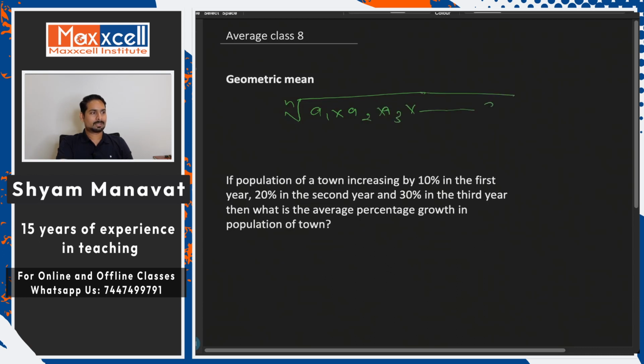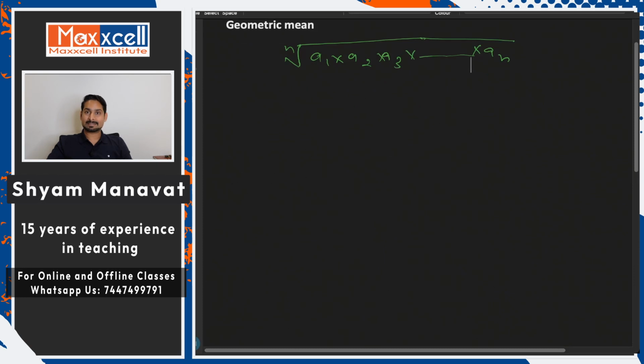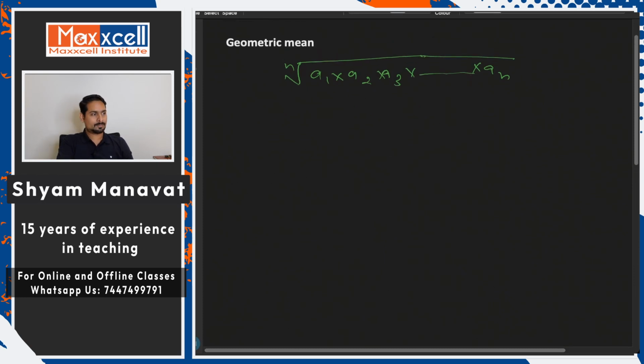We apply geometric mean wherever we see average percentage growth, average percentage increase, CAGR and so on. The other way to calculate that average in the situation of geometric mean is also the nth root of final value by initial value.